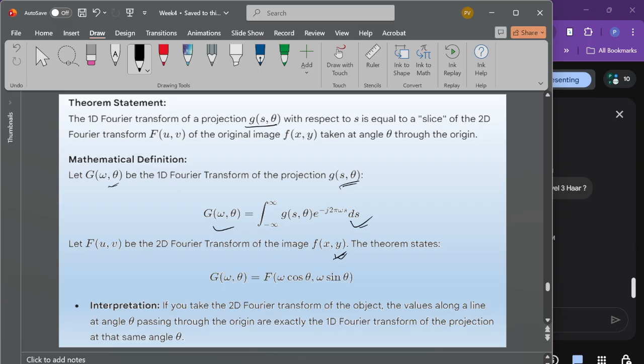The interpretation is, if you take the 2D Fourier transform of the object, the values along a line at angle theta passing through the origin are exactly the 1D Fourier transform of the projection at the same angle. We have seen one question on that also.